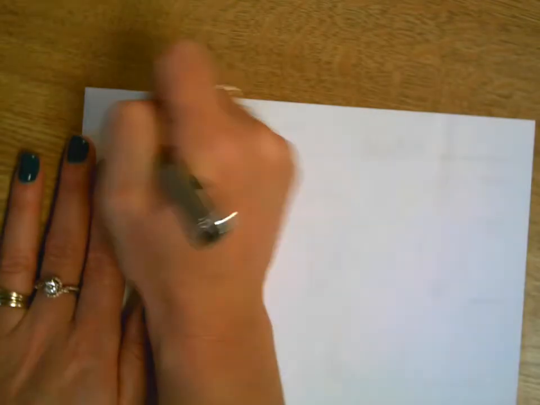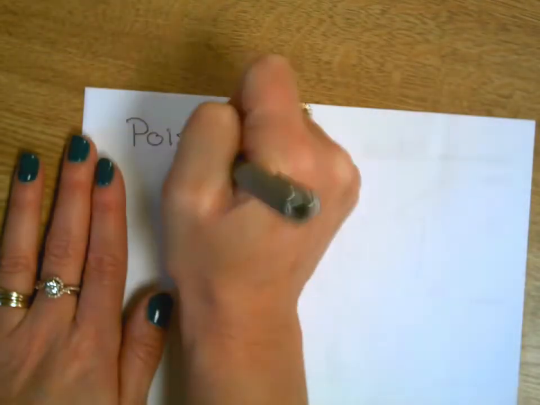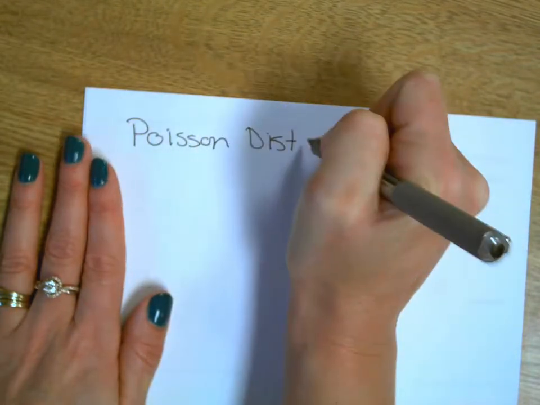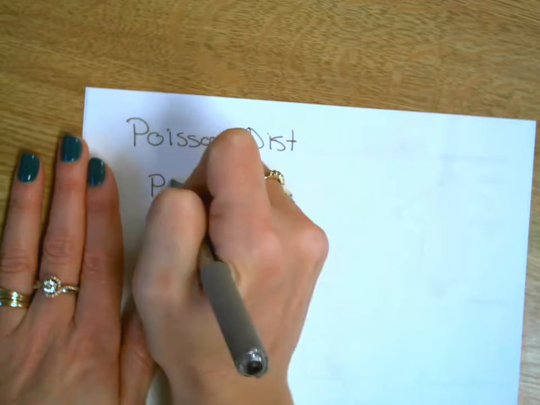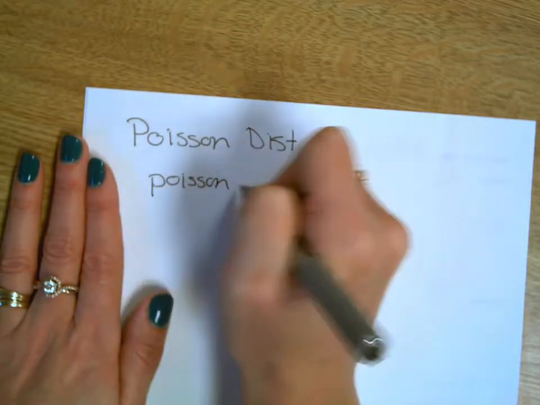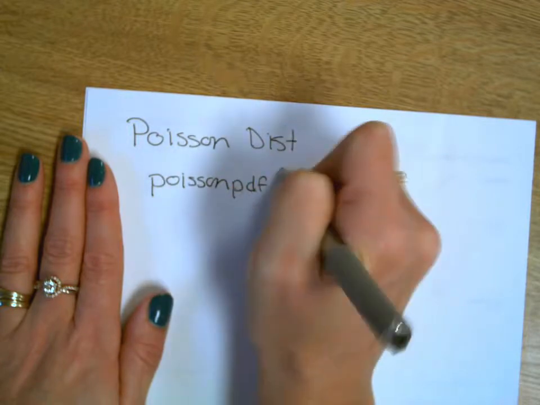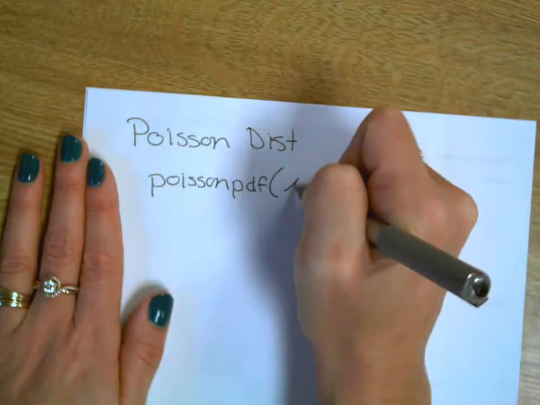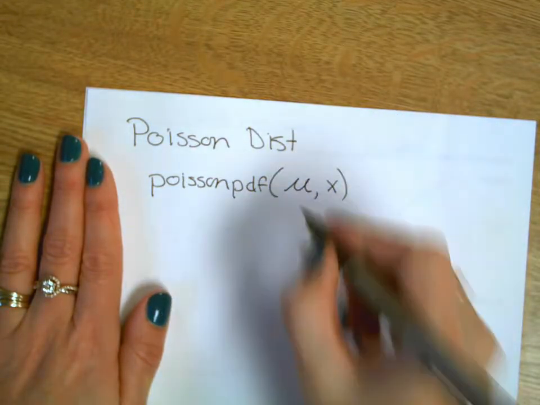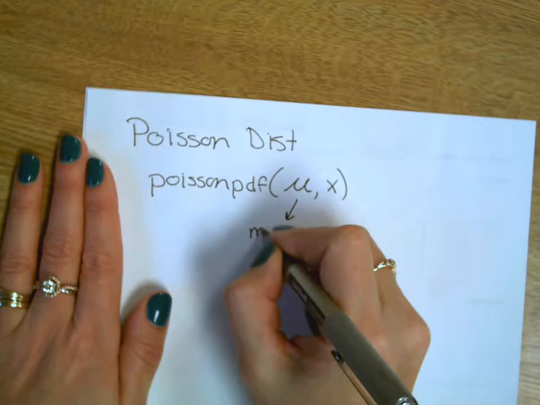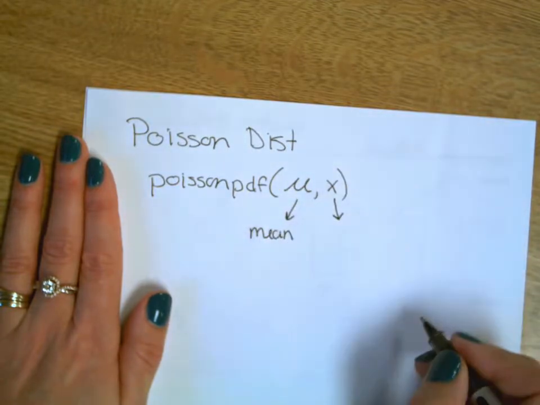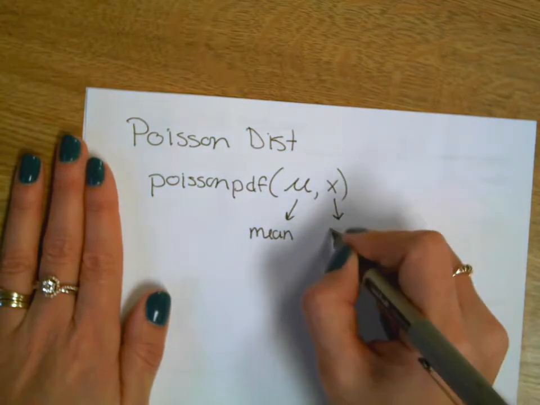So now the Poisson distribution. Poisson PDF. Feed it mu and x, where mu is the given mean, and x is the number of occurrences.